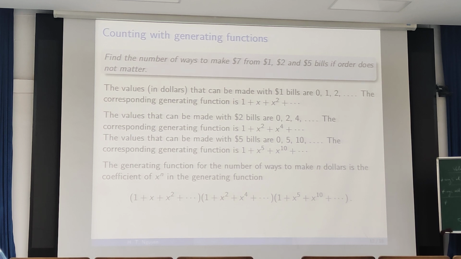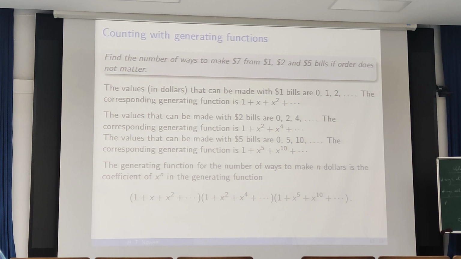Okay, so the question is, how many ways to make $7? If we want to look at the number of ways to make $7, we need to find the coefficient of x to the power 7 in this generating function.